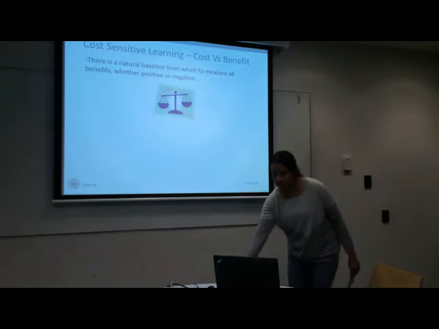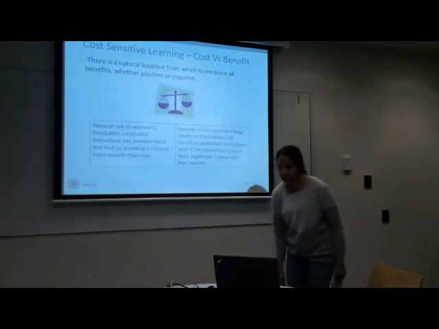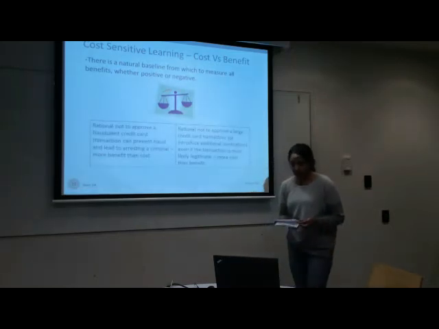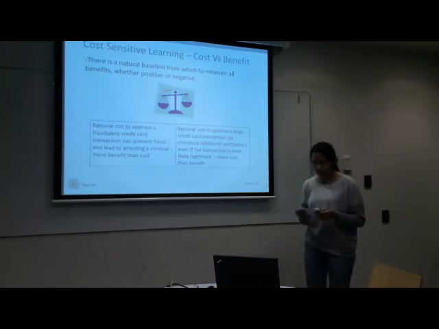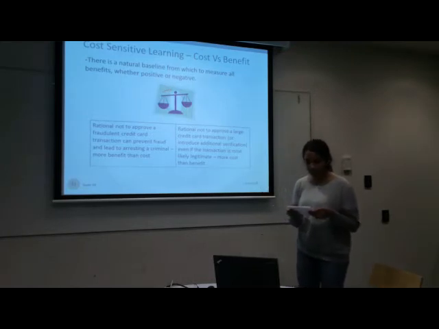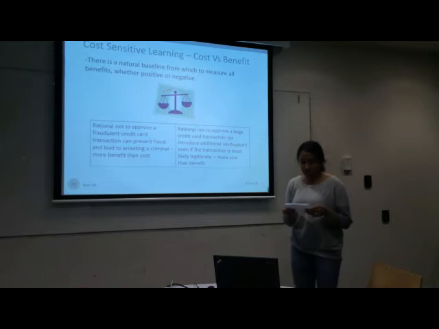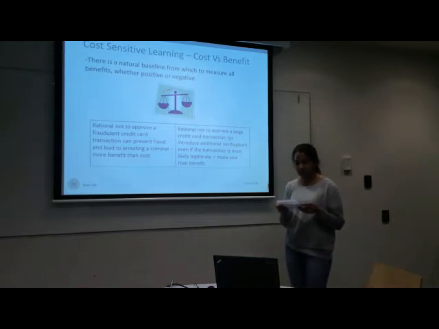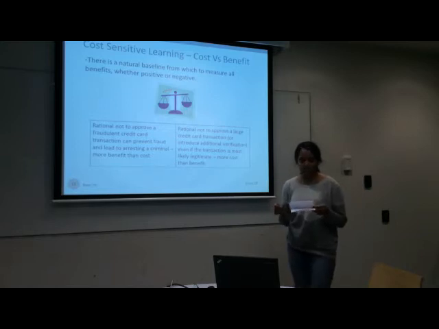Now look at the cost versus benefit part. Although most recent research in machine learning has used the terminology of cost, doing accounting in terms of benefits is generally preferable, because avoiding mistakes is easier since there is a natural baseline from which to measure all benefits, whether positive or negative.